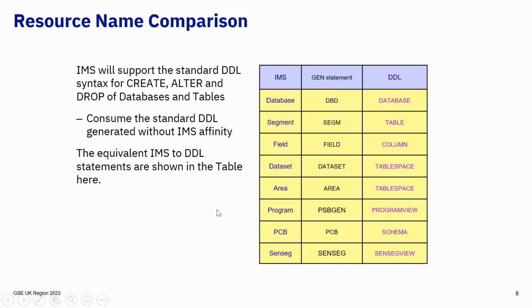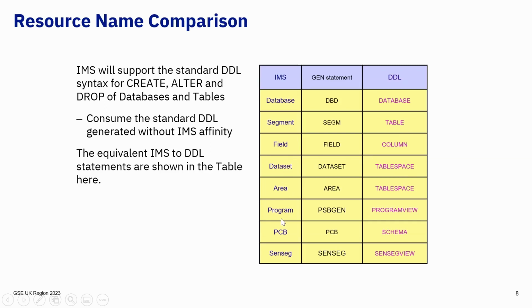So that's sort of the correlation. Segments in a database are coded using the SEGM macro. In DDL, segments and all the occurrences of a segment, really, it's a table, if you will, right? So when you create segments in DDL, you don't say create segment, you say create table. Similarly, fields are called columns in DDL. The data set or the area statement, they're called table spaces.